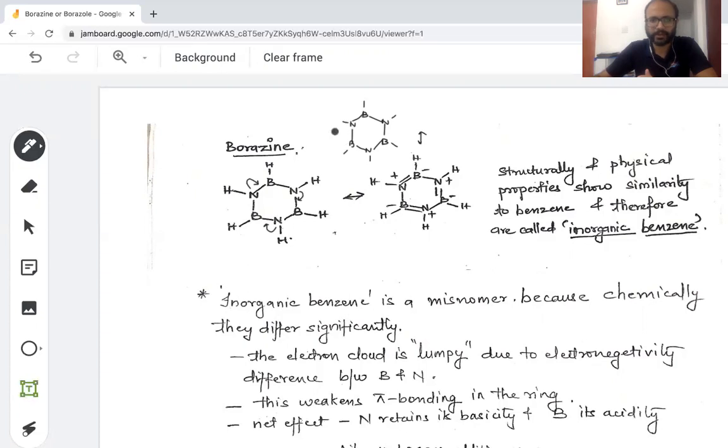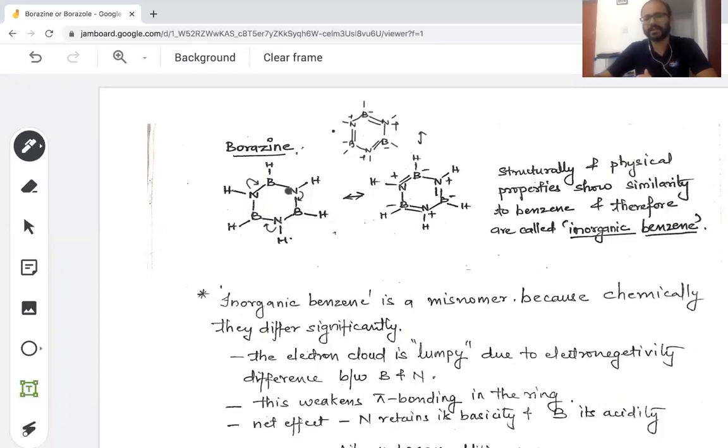Now if the electron transfer is happening in this direction, double bonds would be formed here. Since the charge is coming like this, it would be positive here, negative here, positive here, negative here.